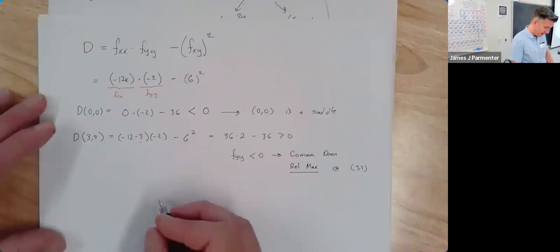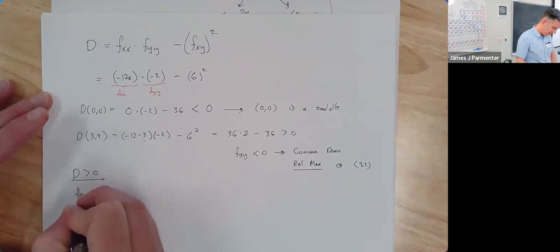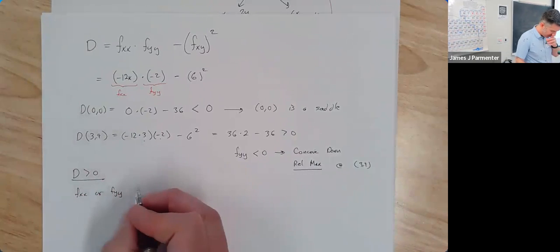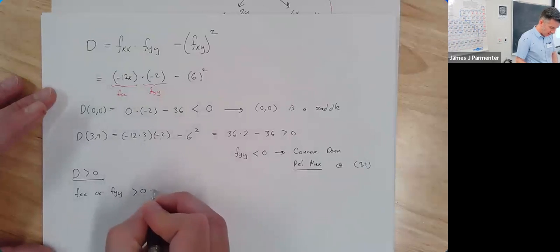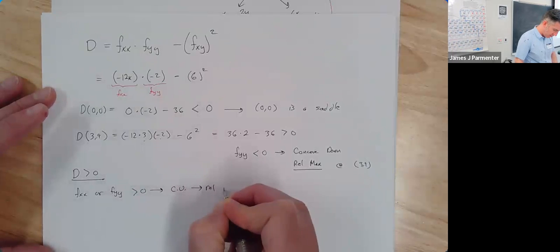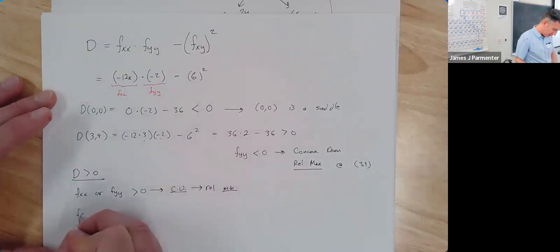So if D is positive, then if fxx or fyy, because they'll be the same, if either one of those is greater than 0, then we are concave up, which means we have a relative minimum. And the opposite for the other way.